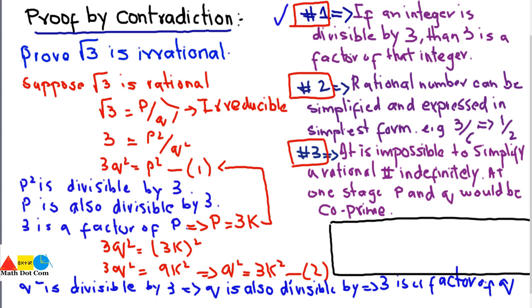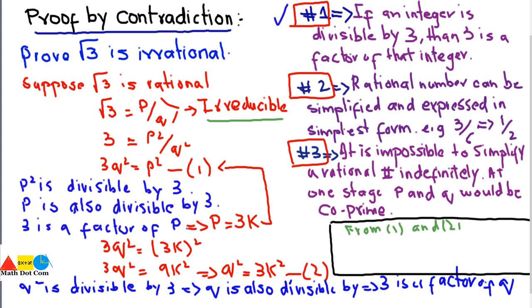Now carefully looking at 1 and 2, what do we have? We have seen that p is divisible by 3, and q is divisible by 3. This contradicts that p over q is irreducible, as we wrote in the assumption at the very start that p and q are irreducible.